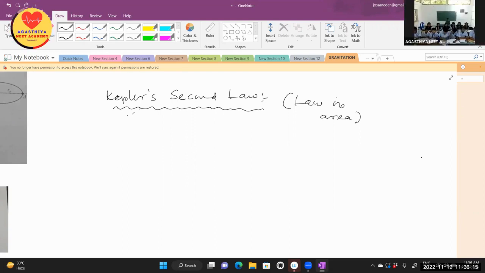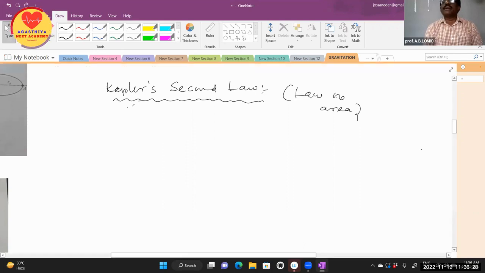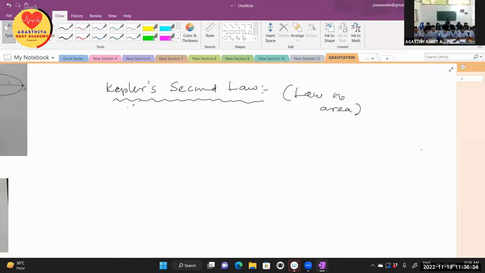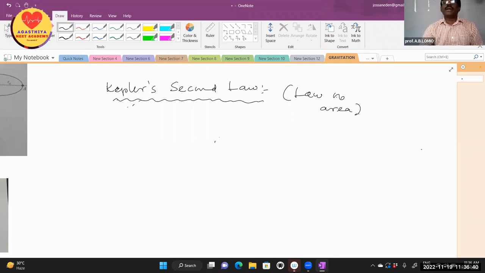The radius vector drawn from the sun to the planet sweeps out equal areas in equal intervals of time. That is the law of area.